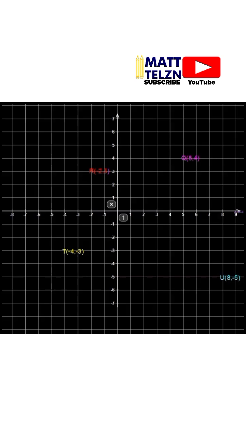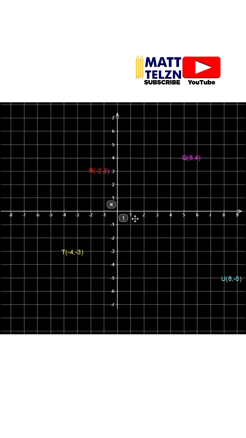Now from bottom to top is my y-axis, and the y-axis is also called the ordinate. So I have two axes, the x-axis and y-axis. Okay, the x-axis is also called what? Abscissa. The y-axis is also called ordinate.